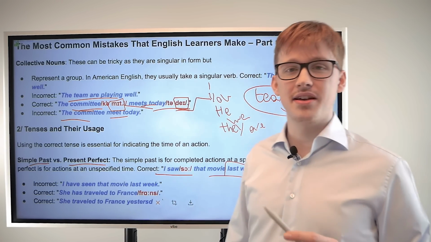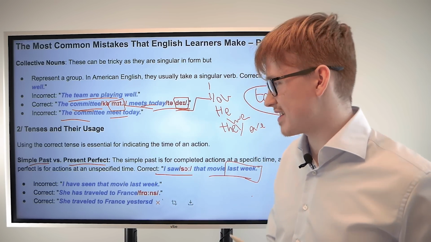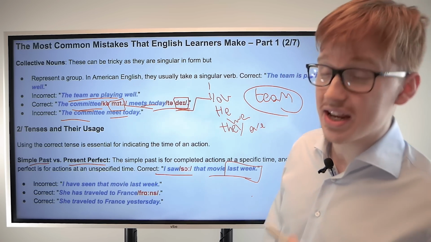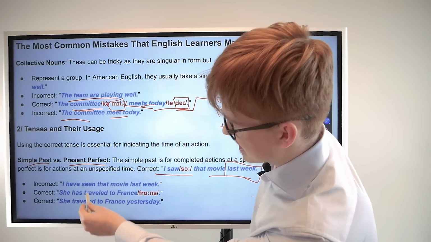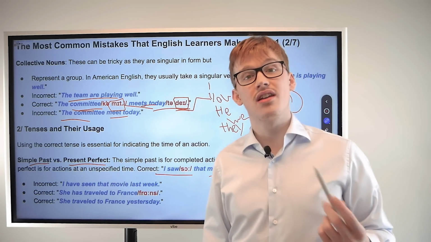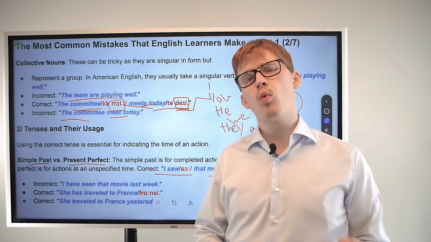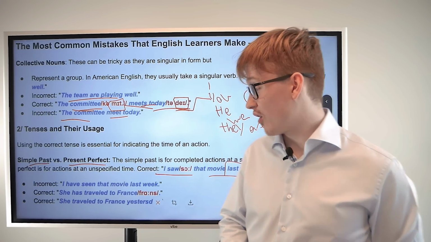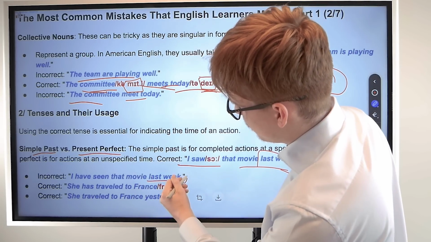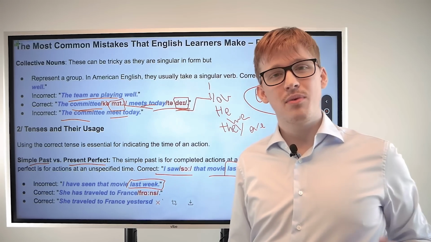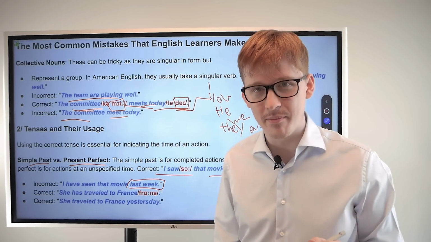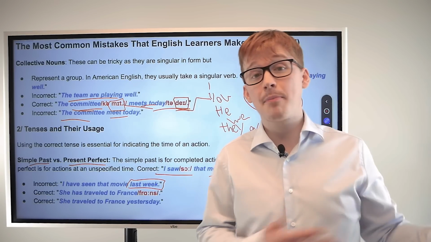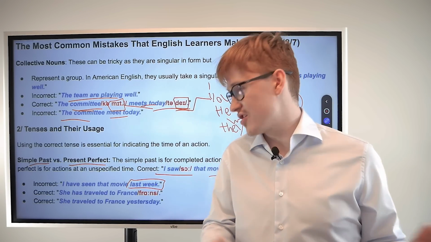Let's have a look at some correct and incorrect ways of using this. So an incorrect way of using this is, I have seen that movie last week. Can you tell me why that's incorrect? It's because we have the last week here, right? We're talking about a specific time. We're talking about something that happened at a specific time and finished.